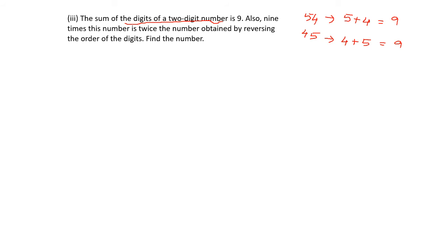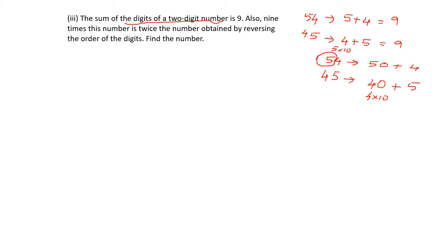Isn't it? Now if it is 54, we write it as 50 plus 4, because 5 is in the tens place, therefore it becomes 5 into 10. If it is 45, then the number is 40 plus 5 because 4 is in the tens place, so we multiply it by 10. 45 is 40 plus 5. 54 is 50 plus 4. I hope you are understanding what I am saying.